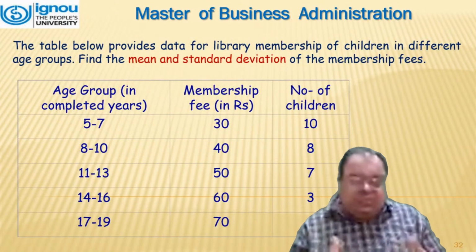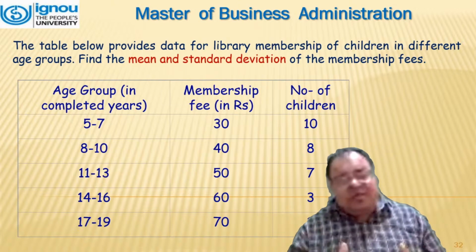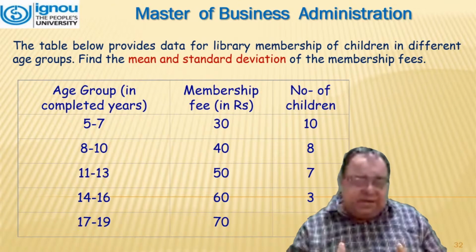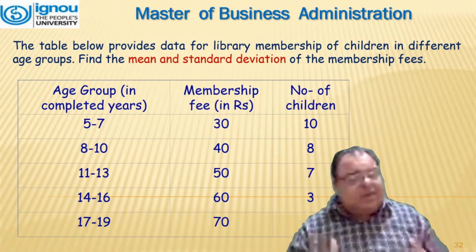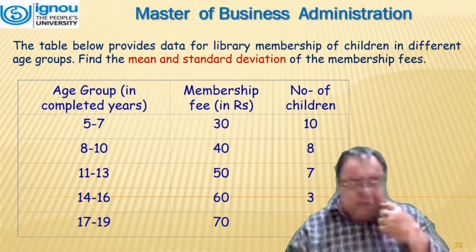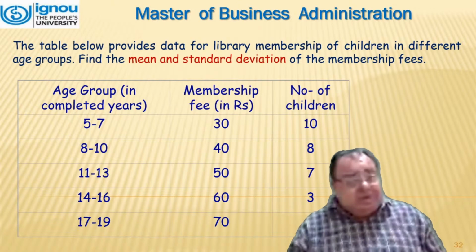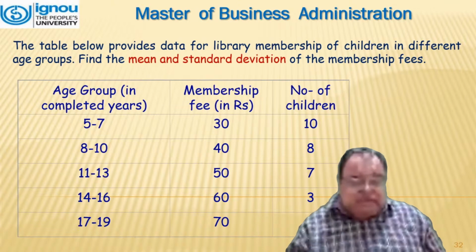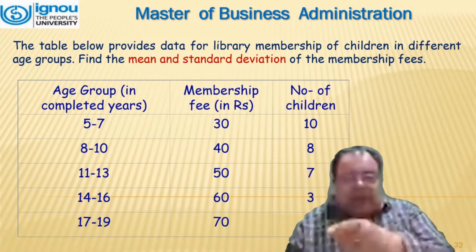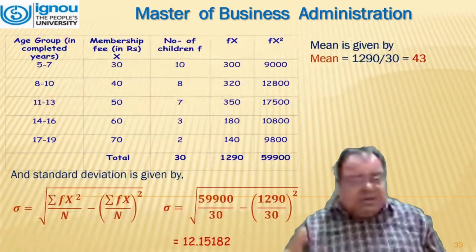Now, we will find out the mean and standard deviation for this particular problem. Here, what is given to us? The table below provides the data for library membership of children in different age groups. That means we have different age groups and the number of children is known, that is the frequency.